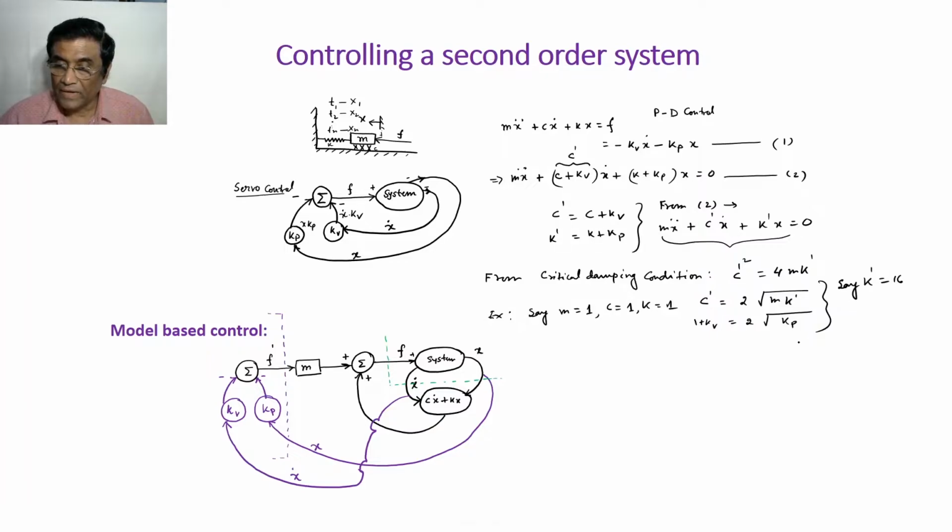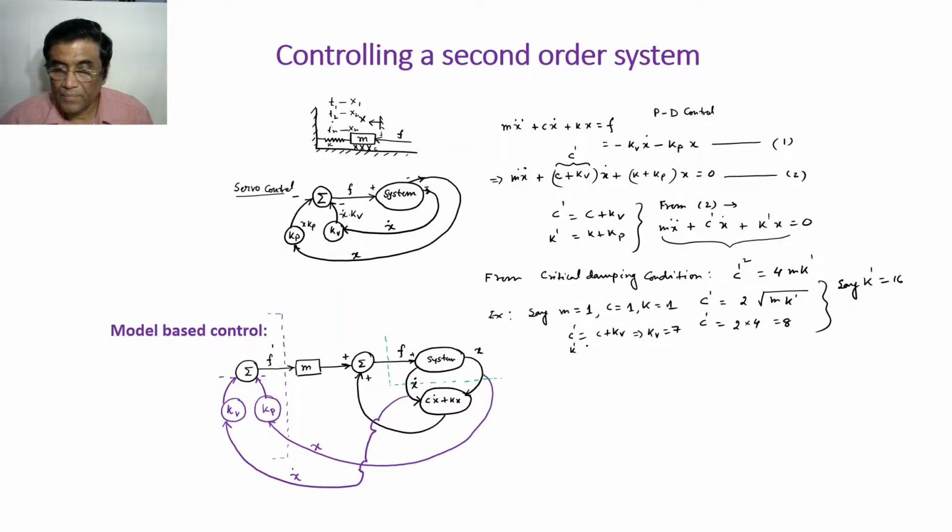If you select K prime equals 16, then C prime will be equal to 2 into 4, equal to 8. So C prime equals C plus Kv, and C equals 1, so that will give you Kv equal to 7.